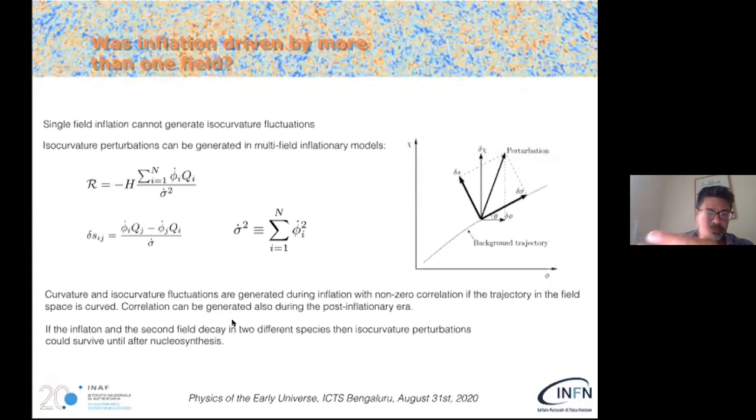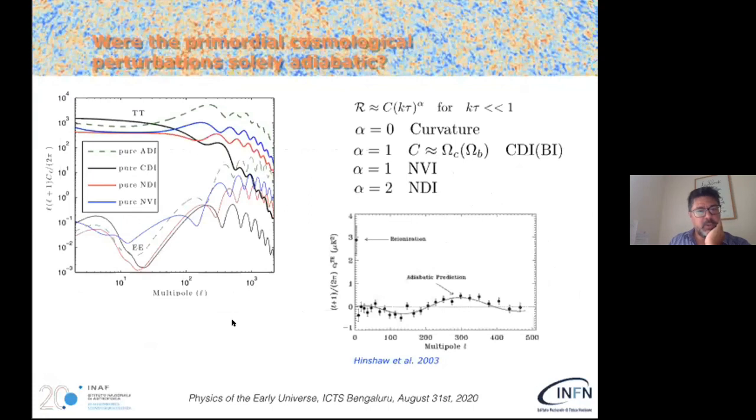And the prediction of inflation also is, in general, that this fluctuation can be correlated with curvature fluctuation. So we can classify isocurvature modes as regular, growing, non-constant, like the curvature one. In this way, in the standard lambda CDM, you have an isocurvature mode for matter and two isocurvature modes in the neutrino sector, one for density and one for velocity.